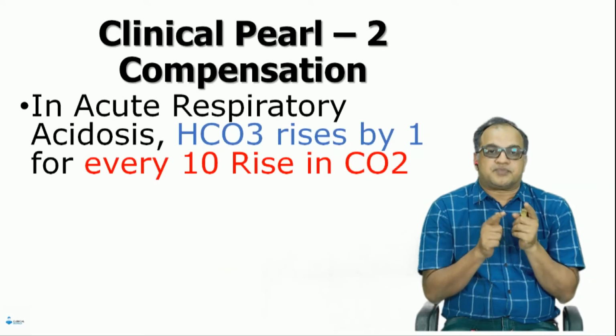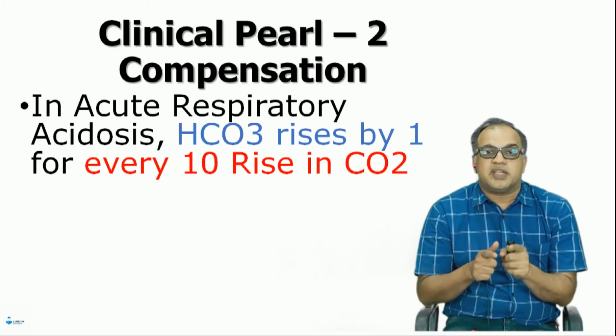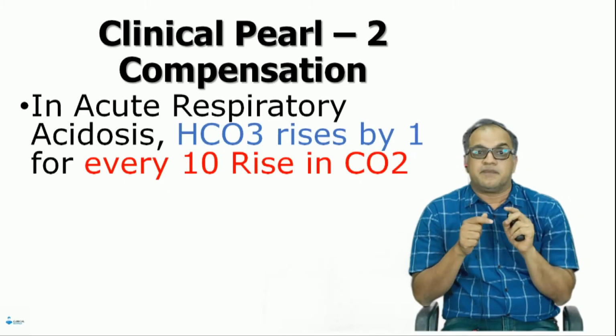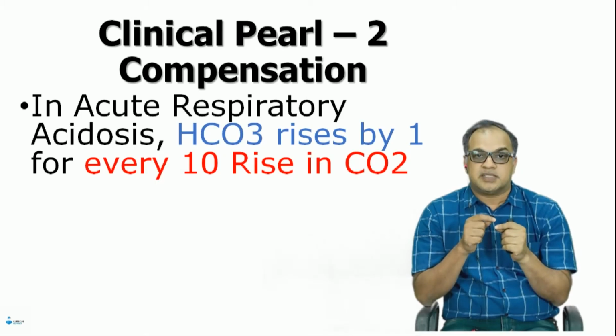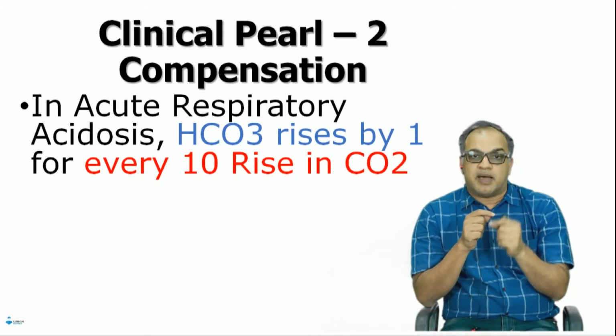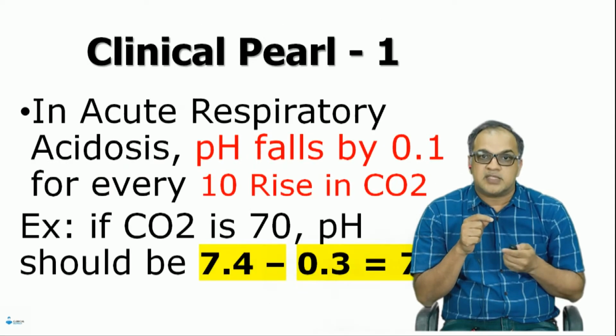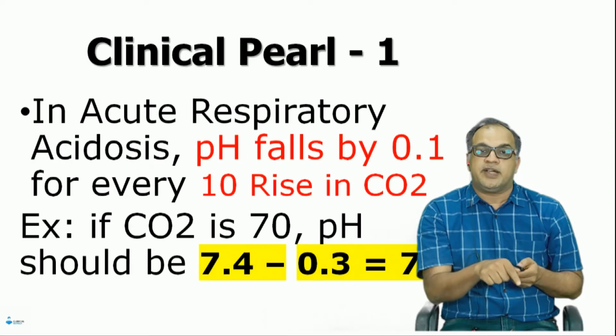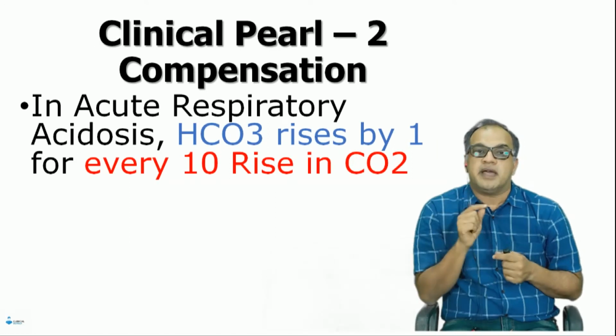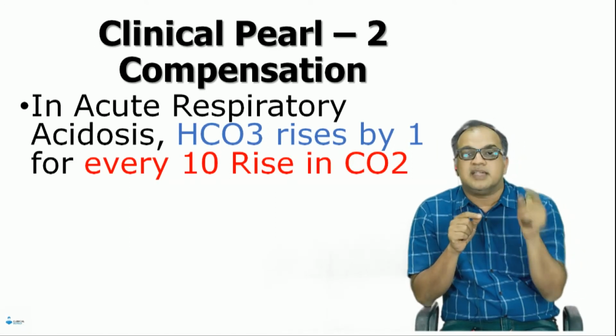Secondly, in acute respiratory acidosis, this is the second pearl: bicarbonate rises by 1 for every 10 rise in CO2. The previous one was pH falls by 0.1, and bicarbonate rises by 1 for every 10 rise in CO2.